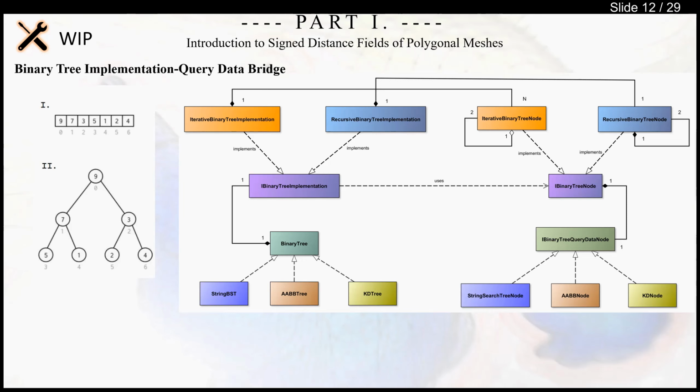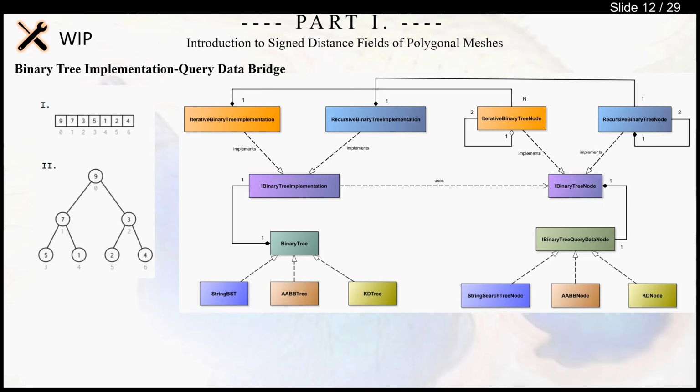However, each abstract node has a query data node, which serves as a shadow node in the external context, containing the actual data and its implementations, such as the AABB node or KD node.